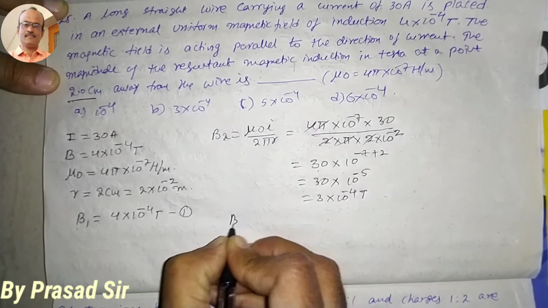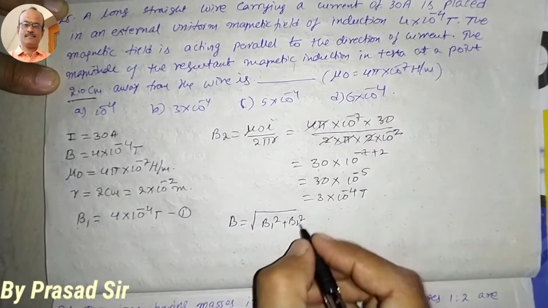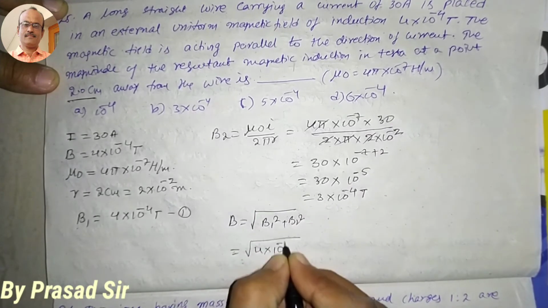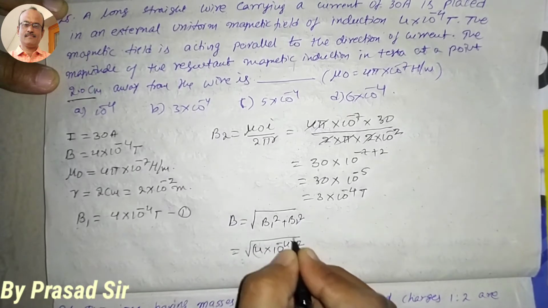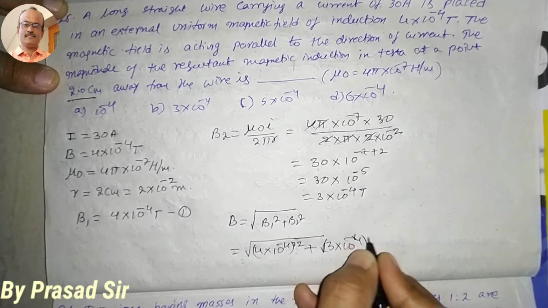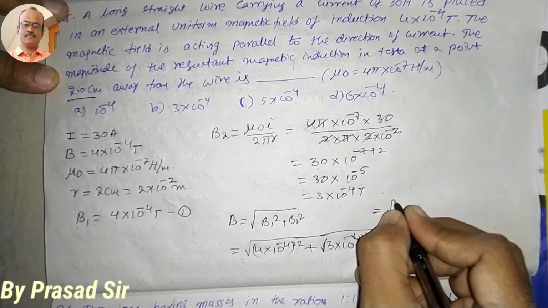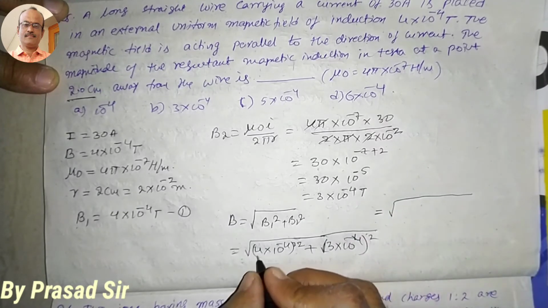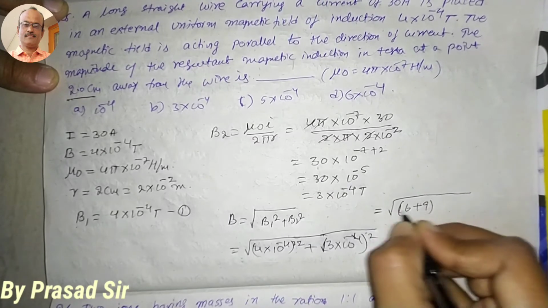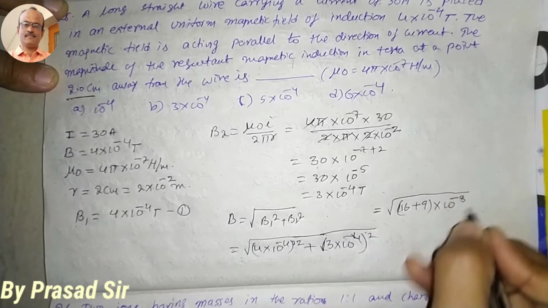So B is equal to square root of B1 square plus B2 square, is equal to square root of (4 into 10 to the power of minus 4) whole square plus (3 into 10 to the power of minus 4) whole square, is equal to square root of 4 square is nothing but 16, 3 square is nothing but 9, into 10 to the power of minus 8.